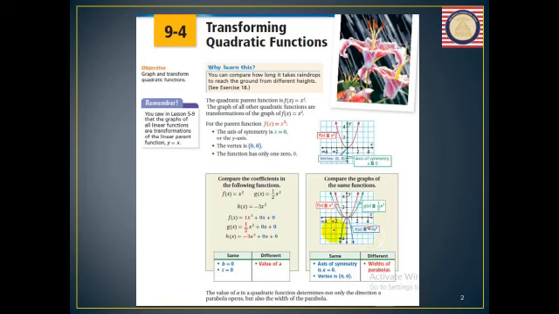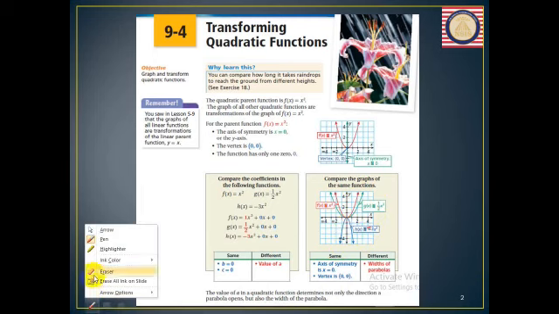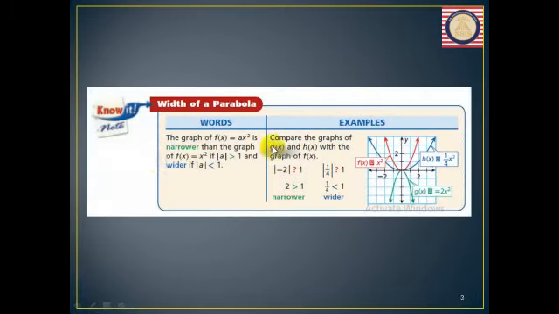If the absolute value of a is greater than 1, it will be narrower, okay? Let's see this. In this rule, the graph of f of x equal ax power of 2 is narrower than the graph of f of x equal x power 2 when the absolute value of a is greater than 1. And it's wider if the absolute value of a is smaller than 1.